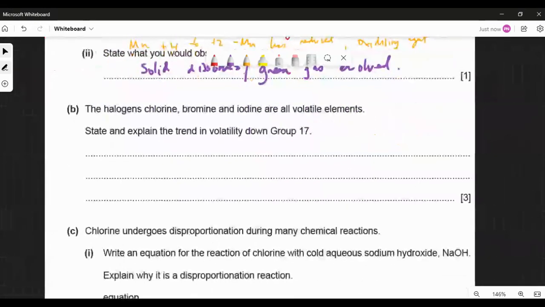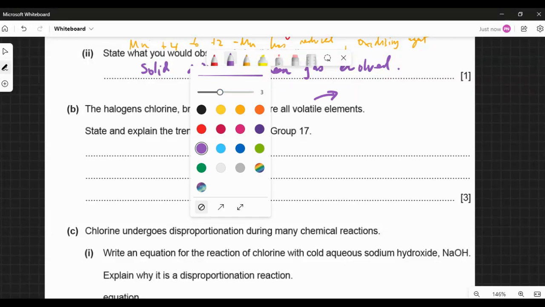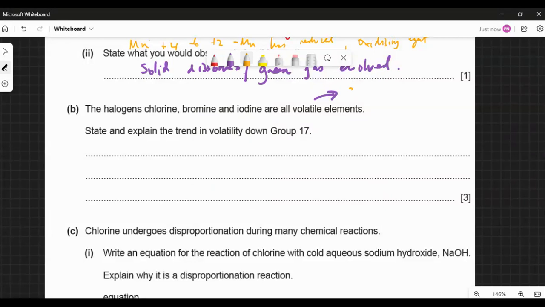Okay. So the halogens are chlorine, bromine, and iodine. They're all volatile. What do we mean by volatile? What does volatile mean? Anyone? Yeah, it easily forms vapor. Okay. So what happens to the volatility as you go down the group? It decreases.